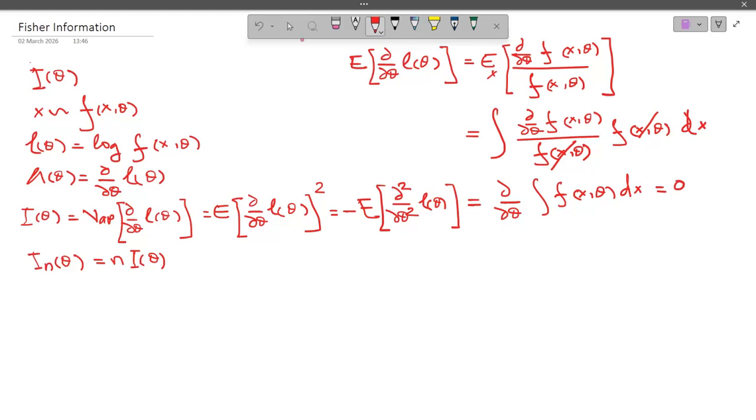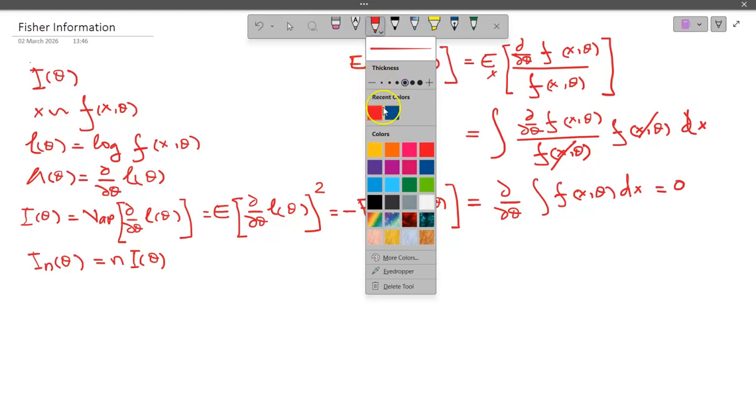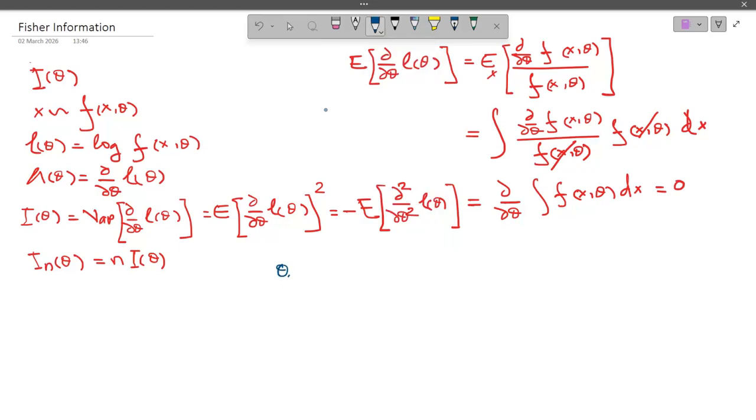Now, where do we find it? We have seen two applications of it. Suppose we have theta hat MLE. Then we know that theta hat MLE minus theta, times root n, the sample size, converges to normal 0, I theta inverse, where I theta is the Fisher information. So this is one application, and another application is the Cramer-Rao lower bound.